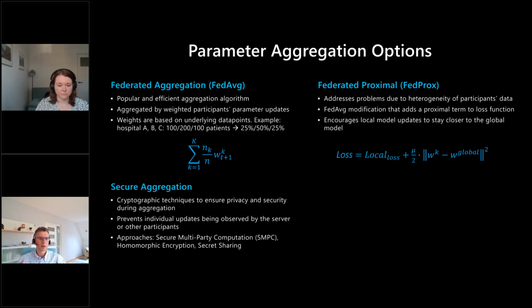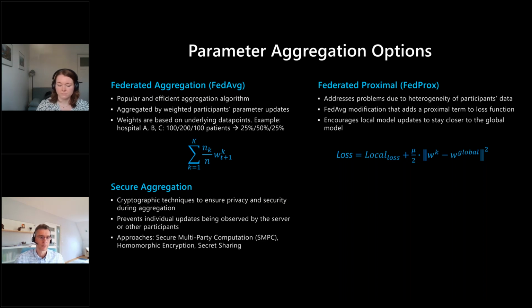So on top of the federated aggregation you can use what's called secure aggregation, which is a cryptographic protocol with a couple of options to increase privacy and security, which effectively ensures that the server or other participants are not able to see your weights as a participant. They can be aggregated, but until aggregation, they cannot be interpreted by anyone else.